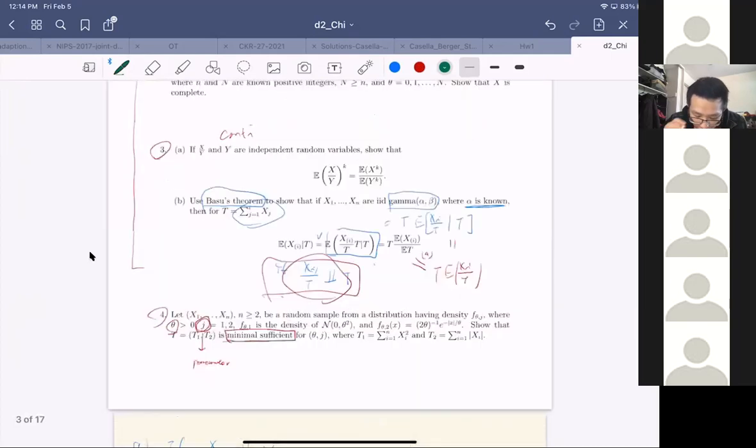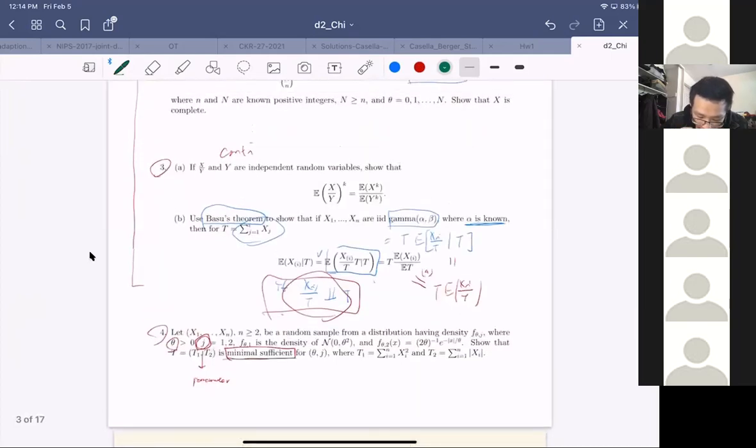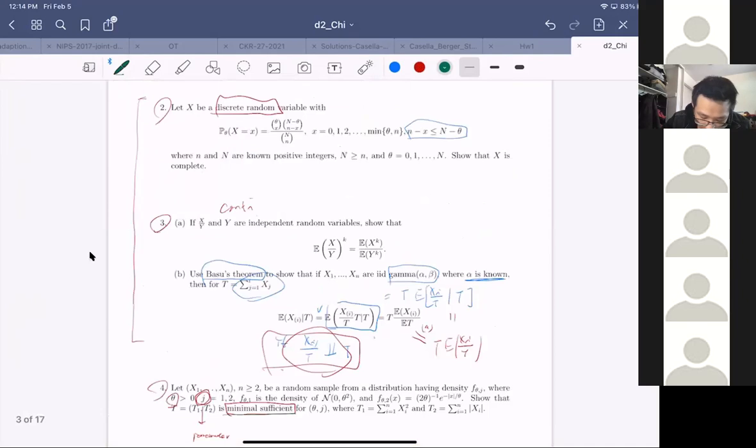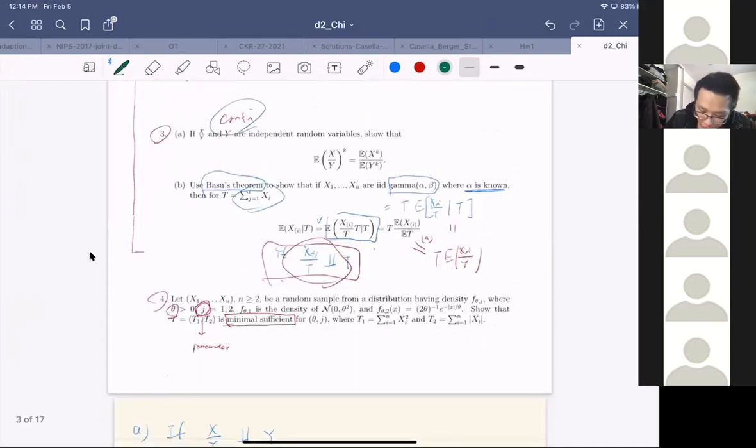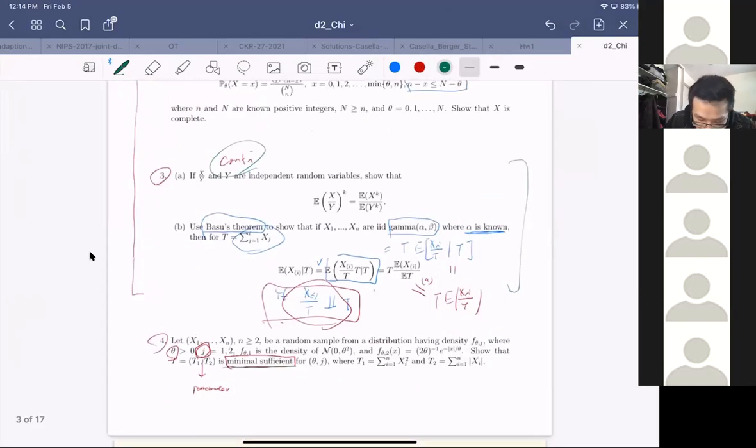So usually when you deal with a continuous distribution, the first step is to check whether it is an exponential family or not. If it is an exponential family, then you will be lucky.